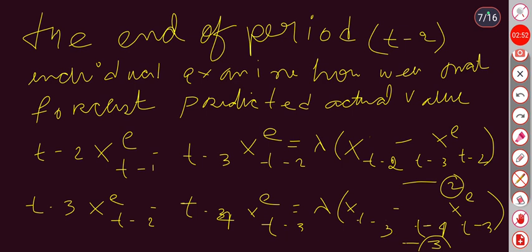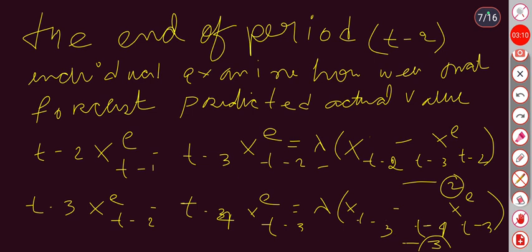So actual value of t minus 2th period minus expected value of t minus 2th period. So actual value and expected value difference is multiplied with the value lambda.